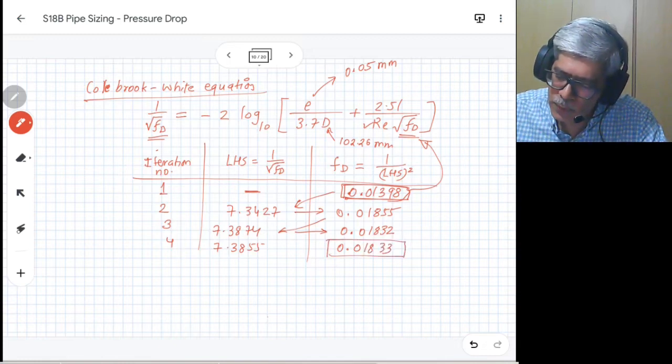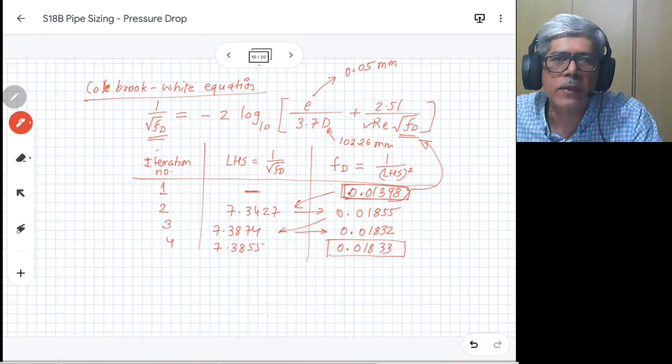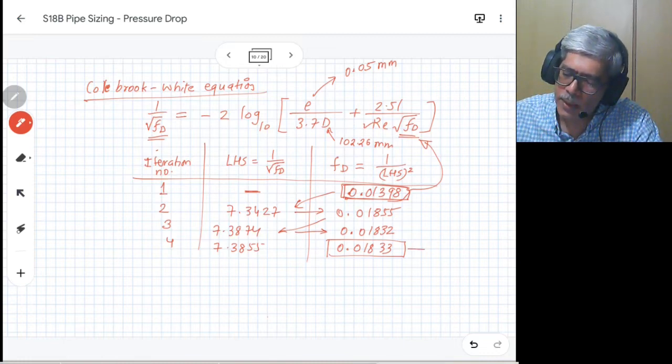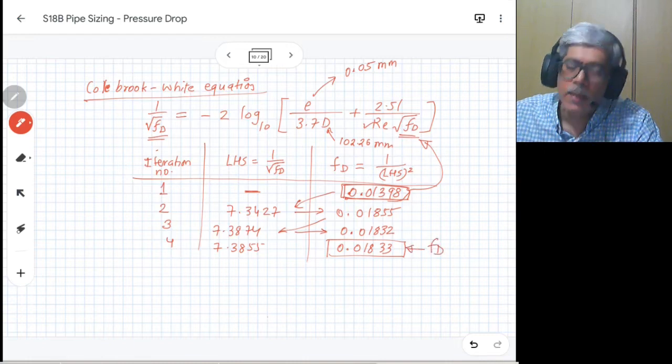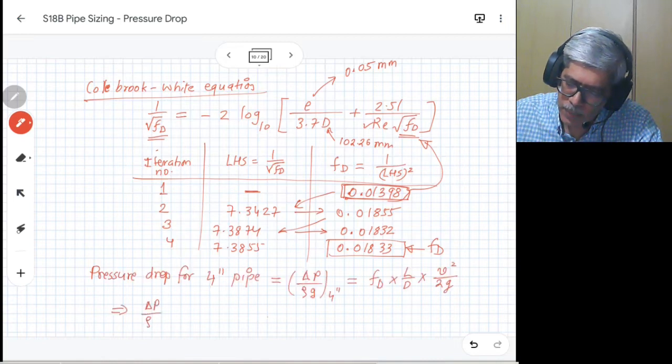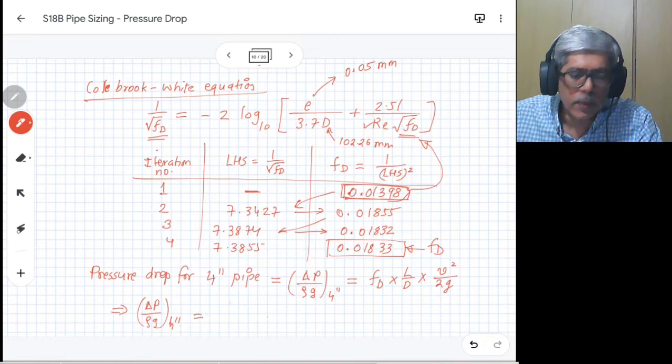So we'll see that the solution has sufficiently converged. So we'll consider 0.01833 as the value of Darcy's friction factor, and we'll now calculate the pressure drop for the 4-inch pipe.